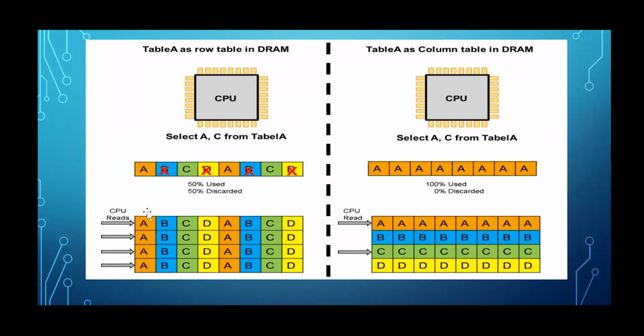Since it's a row store table, and my query is related to the A entry and C entry, when you zoom out, you can see as the CPU reads, it is reading in this direction, and complete entries are being fetched, in which B and D are also included, which I really don't want. My query is interested only in A and C. B and D are not really required for me.